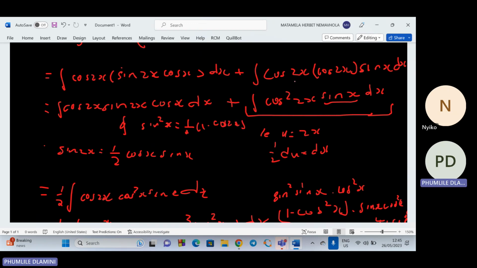Then now our cos squared 2x here, what can we do in order to get cos squared 2x? We can multiply by 2. It's going to be 2 sine squared x.